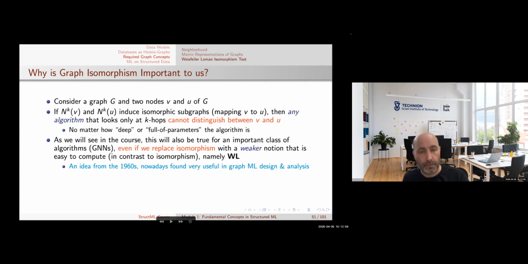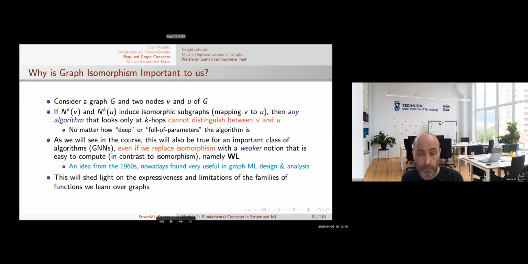And that's the source of importance of this technique regarding the expressiveness of machine learning models, like again, graph neural networks. So this will help us understand the expressiveness and the limitations of families of functions in machine learning.